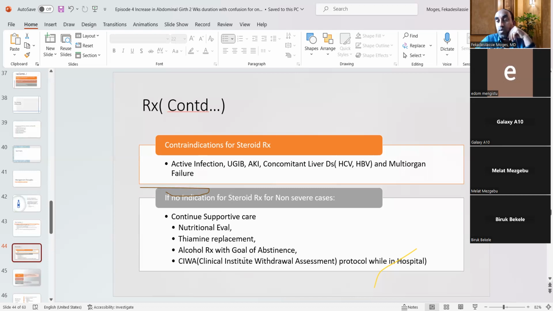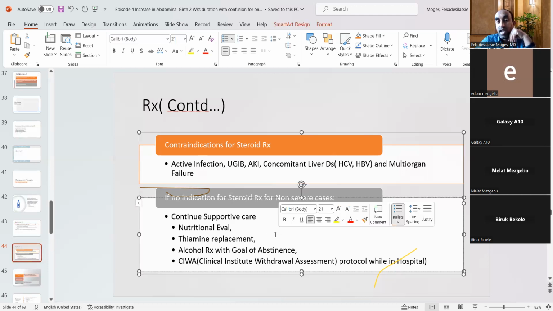And sometimes you may also give them phenobarbital, and then depending on the score, you have to give them short-acting benzodiazepines, which could be diazepam or Ativan. So you can give them to avoid withdrawal symptoms and withdrawal-related seizure from developing.